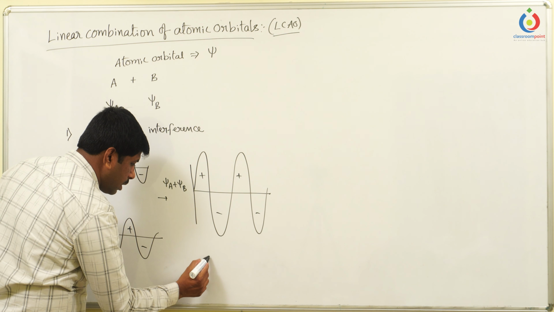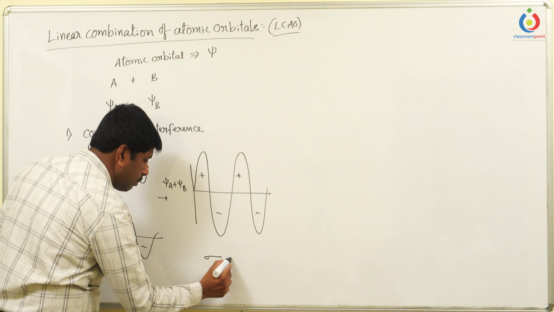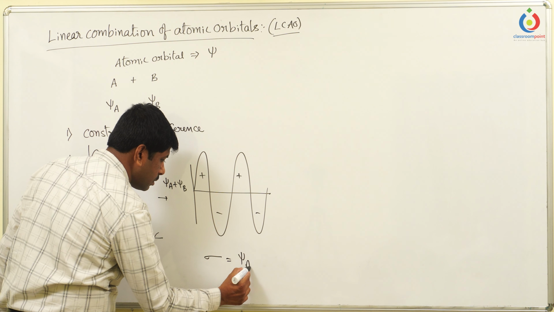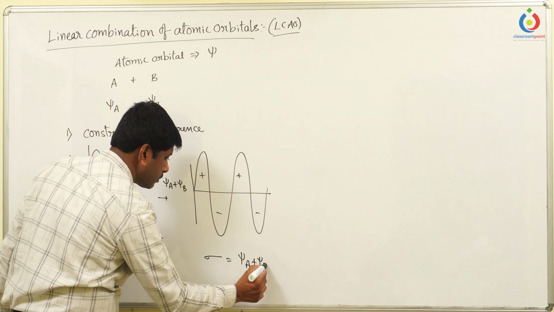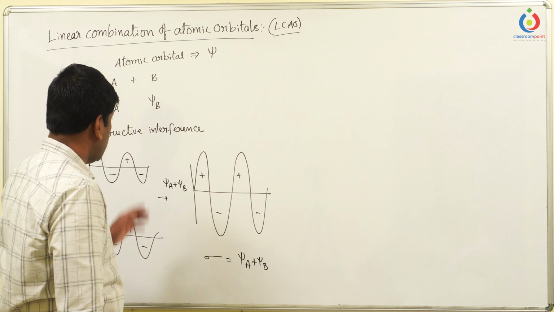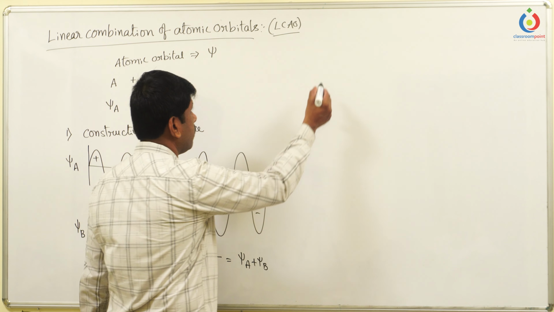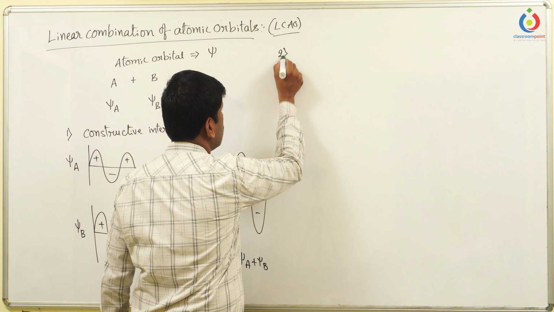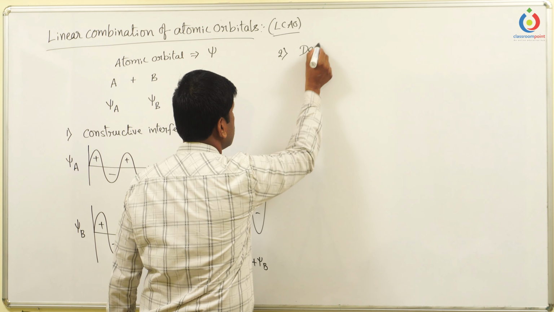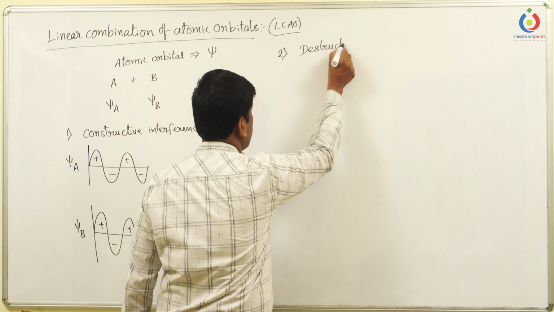So this type of orbital is called the bonding molecular orbital, psi A plus psi B. And one more type of interference is also possible, that is destructive interference.